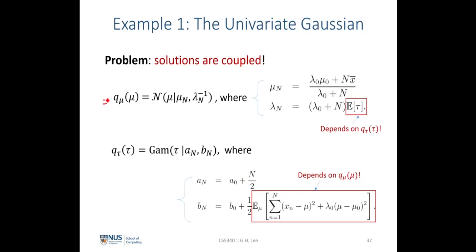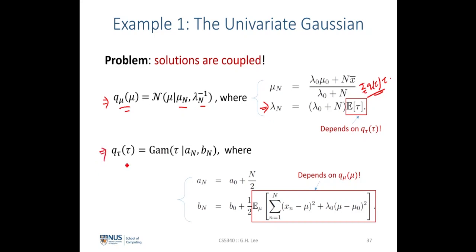In the case of q mu, this is a normal distribution over mu n and lambda n inverse, where lambda n is a function of the expectation over tau. So this simply means that it has to be a summation over tau, q tau on tau itself, and this means that there's no closed form solution for q mu, since it's a function of q tau.